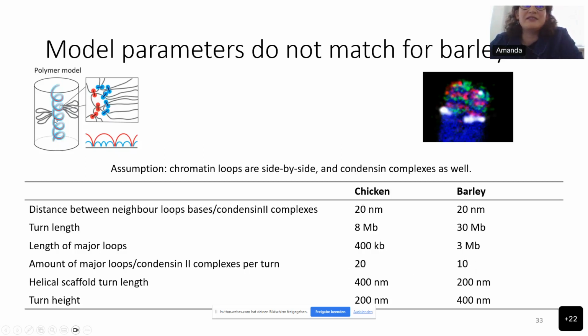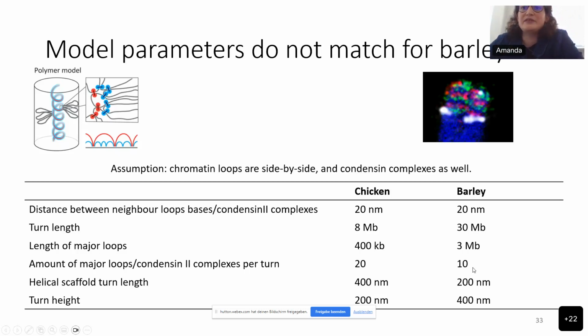So this helical path here is 400 nanometers. And it should fit inside a 200 nanometers helical turn height. So this is good: the turn height is like the limit, and the helical turn path should be inside it and should be bigger because it needs to coil, so it cannot be straight.